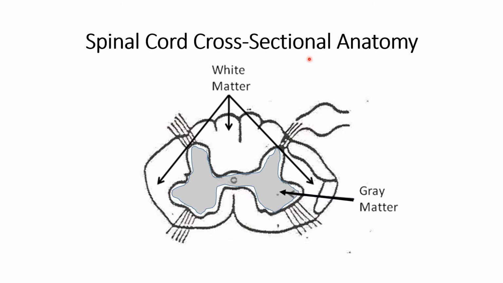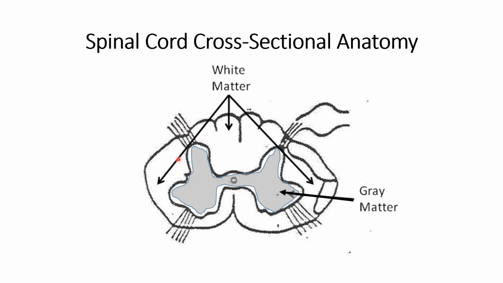When we see the spinal cord in cross-section, we see that a large amount of the outside is composed of white matter, and this white matter is made up overwhelmingly of axons. The central region is composed of gray matter, where we have cell bodies, and we have the central canal, through which cerebrospinal fluid travels.